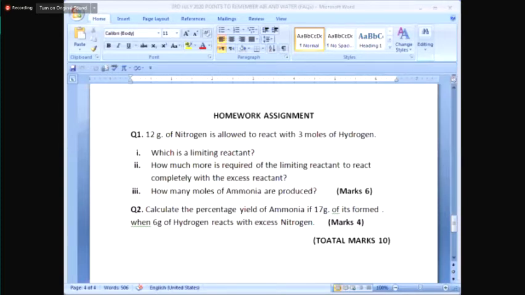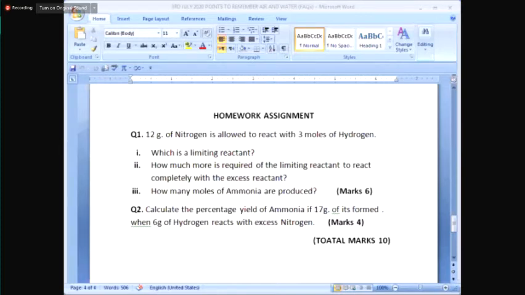Here the formula for percentage yield, my dear student, recall, is percentage yield is equal to the experimental value amount, which I have given you, 17 gram, divided by the theoretical value of the product ammonia.